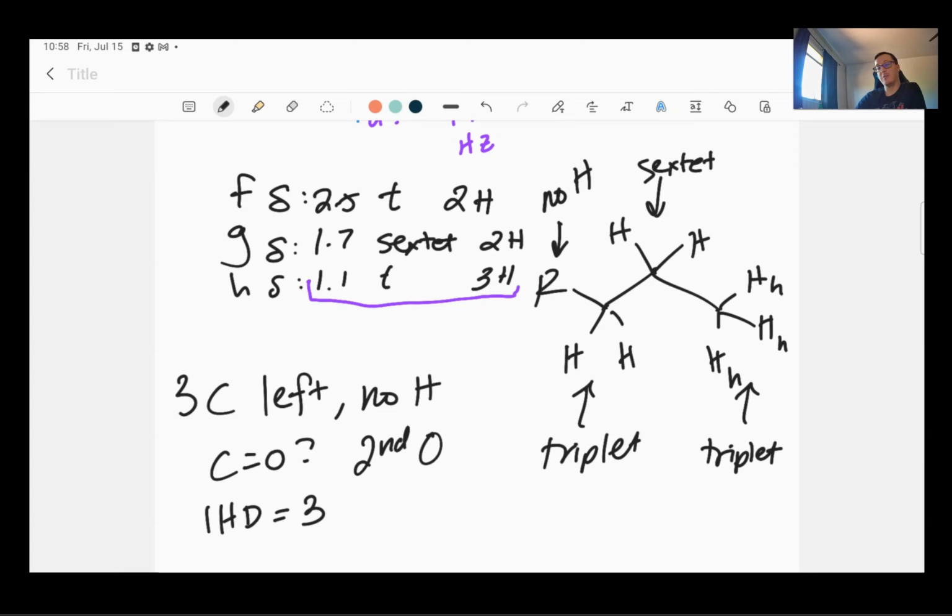And again, don't worry, this will not show up on mine. I will not have this unusually shielded business. My things will show up where we expect them to. So let's just say it's going to be maybe like over here somewhere. If it's like 200 or higher, what would that be then for carbon NMR?